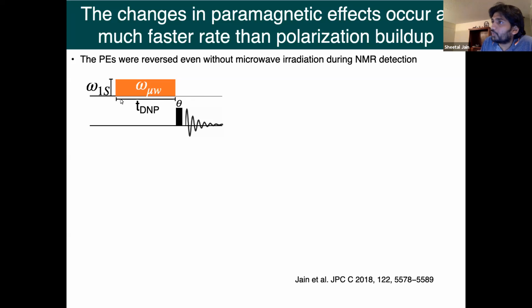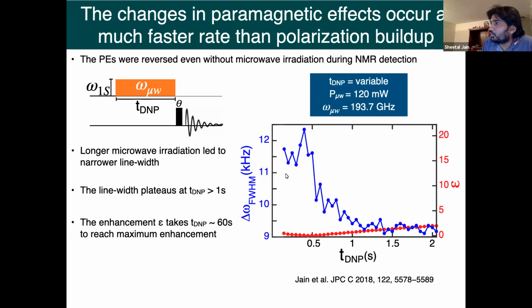In fact, we tried to vary this build-up time, and what we observe is that the lines get narrower quickly, within 1 second of the irradiation time, whereas the polarization buildup is a much slower process.